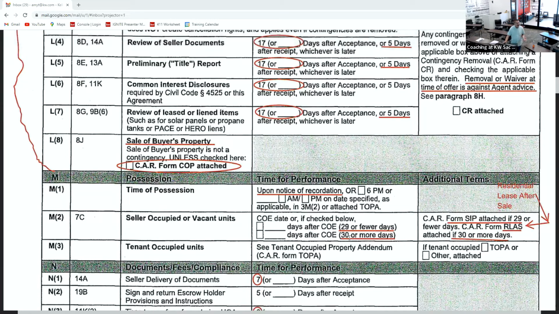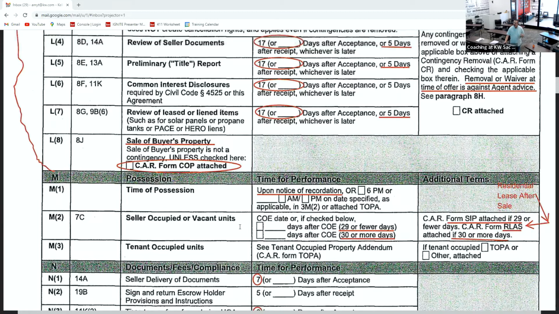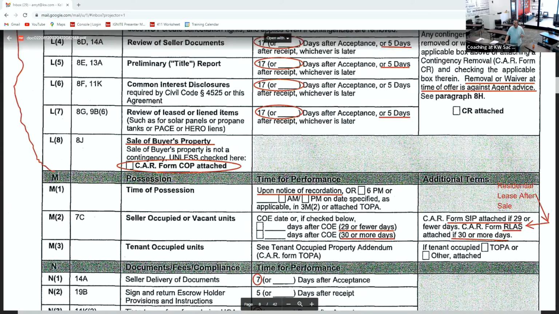I was glad to see that with this revision of the contract, they made a very clear distinction between 29 or fewer days and 30 or more days. The reason they did that: if you do a seller in possession form and keep the period of time to 29 days or less, what your buyer is granting that seller is what's known as a license to be there.